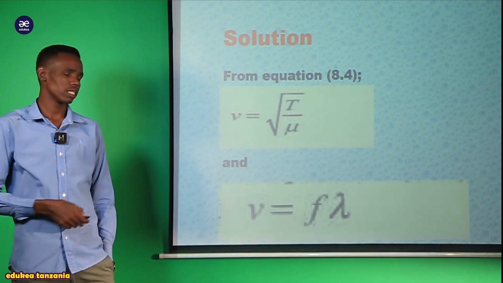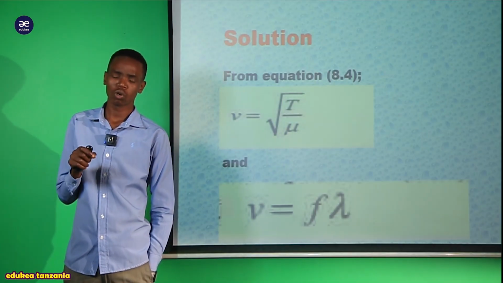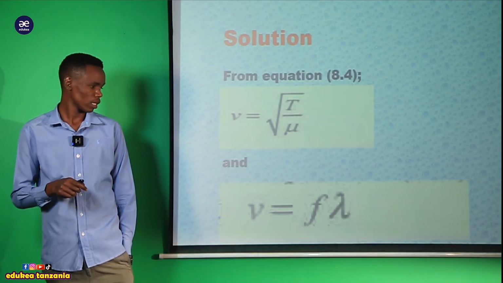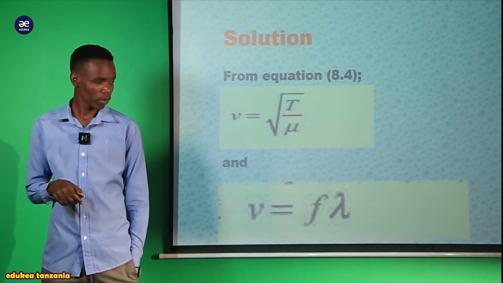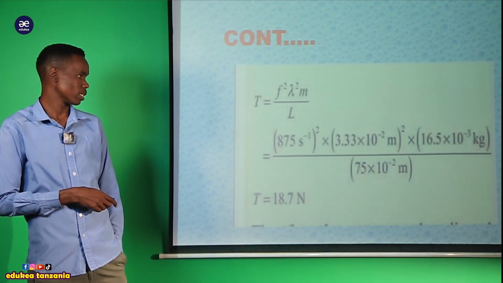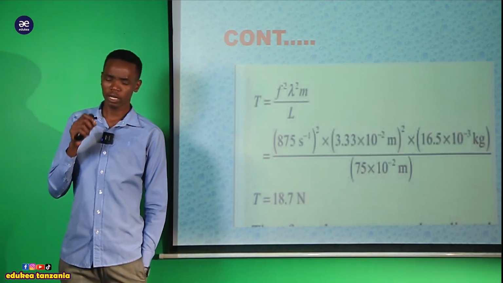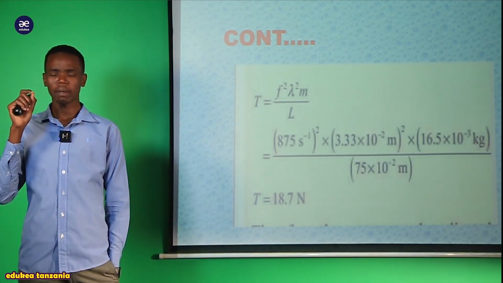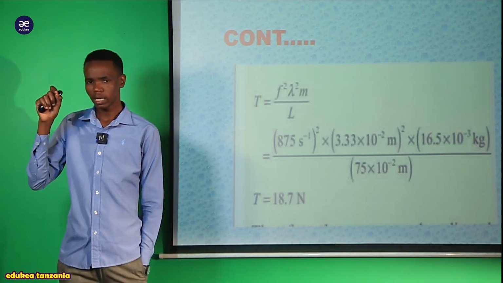Lakini tunachokitaji sisi ni tension. Cross multiplication utakuja utapata kumbe the tension must be equal to frequency square times wavelength square times the linear mass density, as we have been told, my dear student. But after there, we know the formula to obtain the linear mass density, which is equal to mass divided by length.